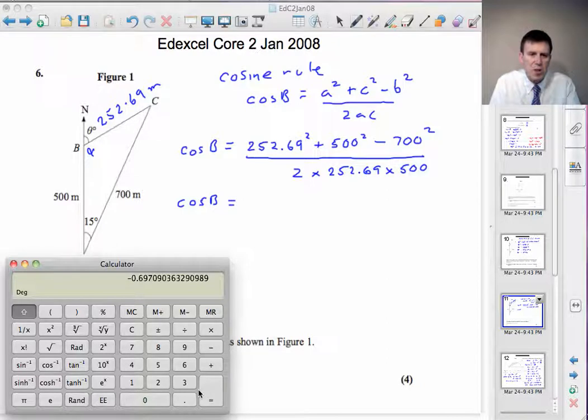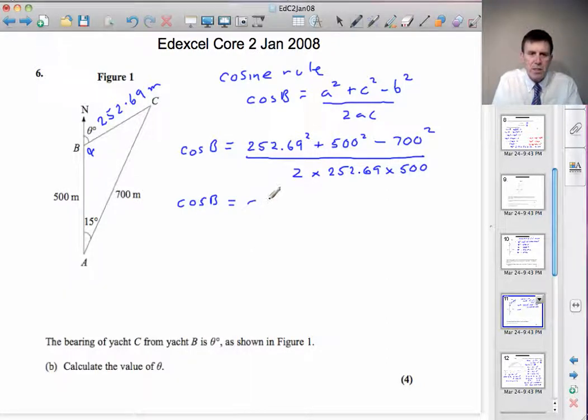So that's minus 0.6971. So we can now find the angle B, which we've called alpha.